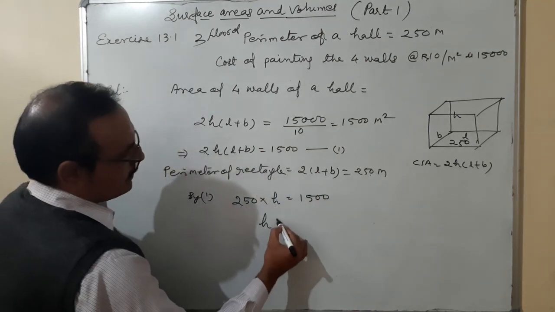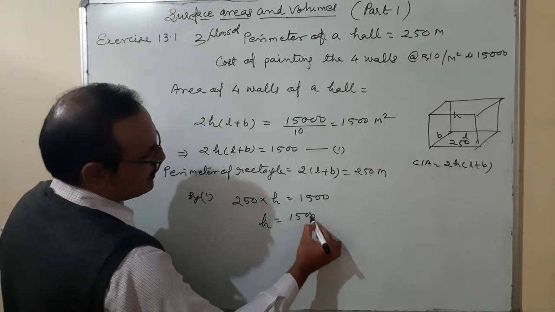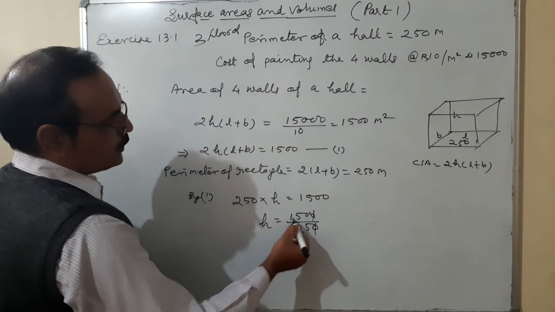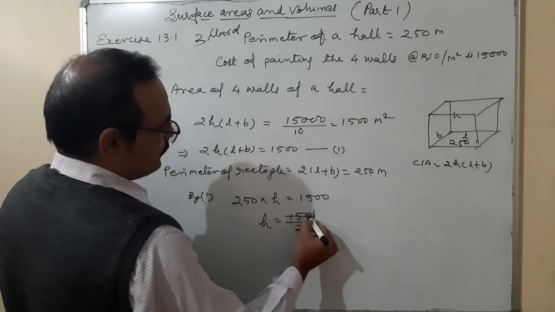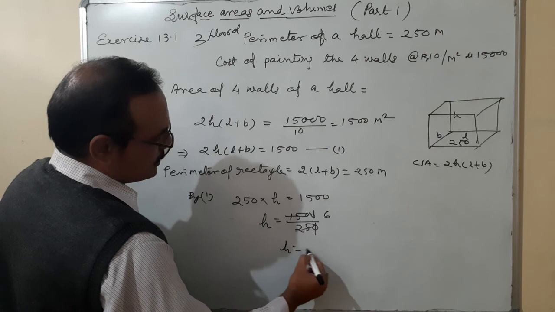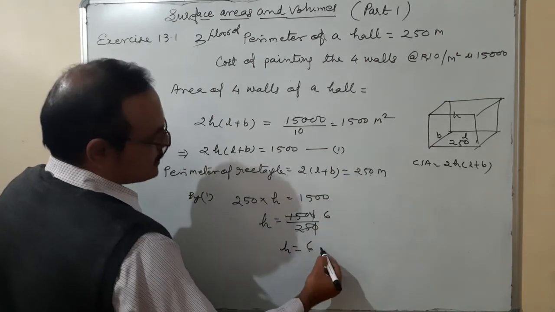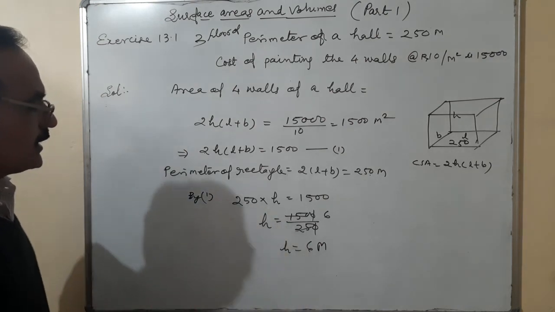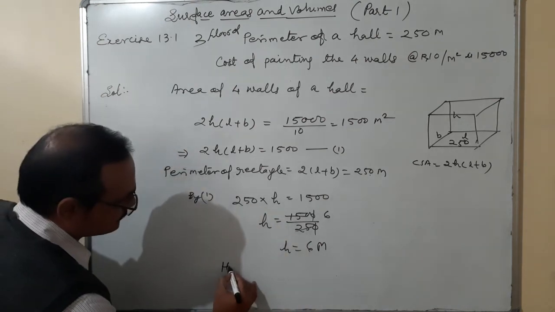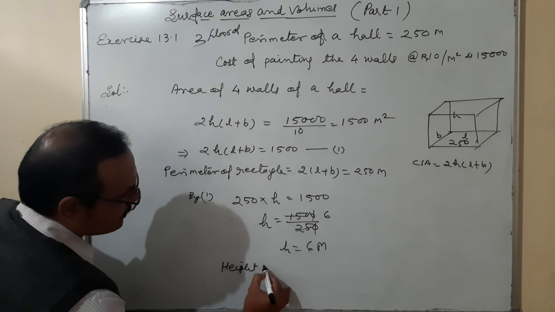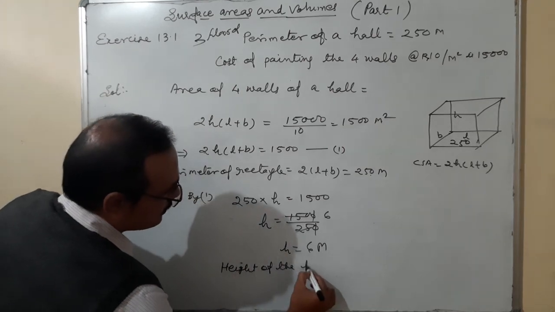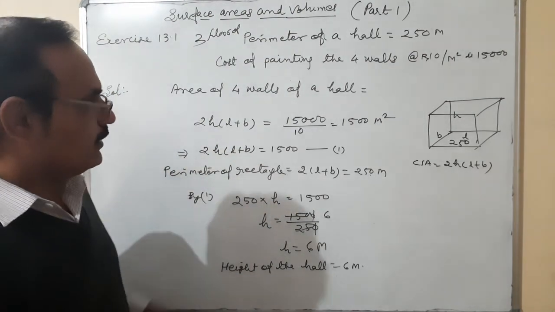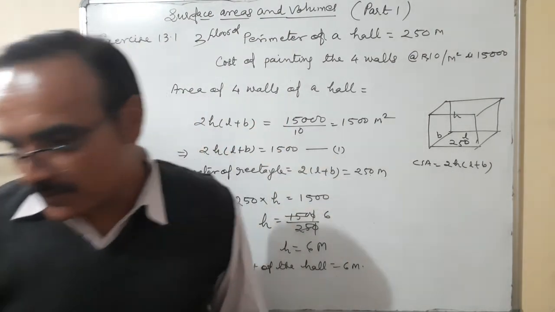Height H is equal to 1500 upon 250. Zeros cancel, and 25 times 6 is 150. So H is equal to 6. All the units are given in meters, so H is equal to 6 meter. That means the height of the hall is 6 meter. So that is question number 3 solution.